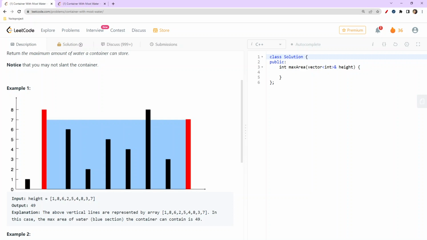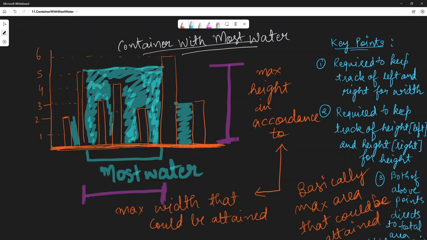Okay, let me explain here. We are given a diagram like this, right? These are the vertical lines, each up to some height. This portion represents the width, and this portion represents the height.